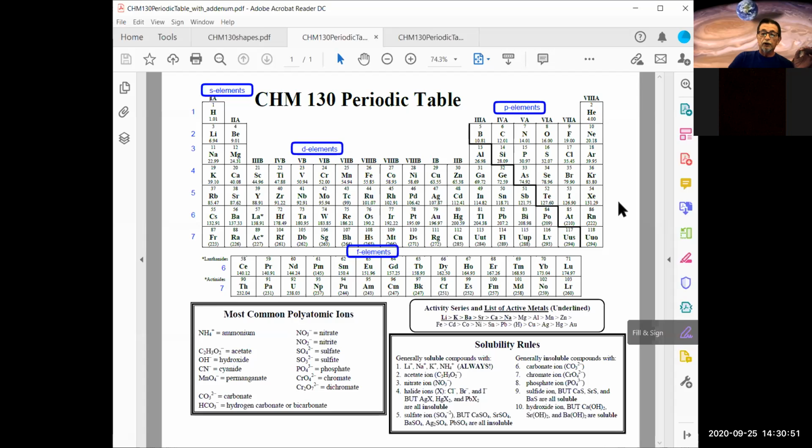Fluorine is our benchmark, our reference point, because fluorine is the most electronegative element on the periodic table, and everything is relative to fluorine with respect to electronegativity.